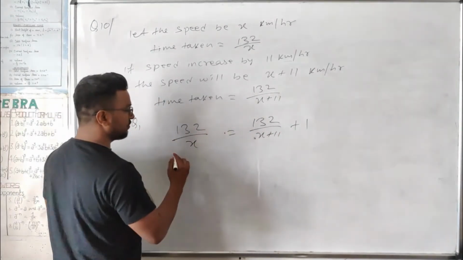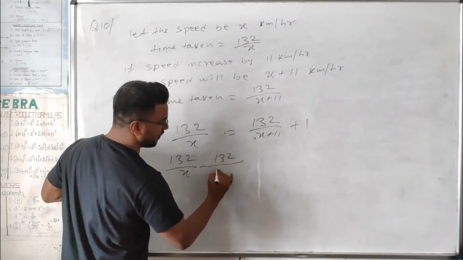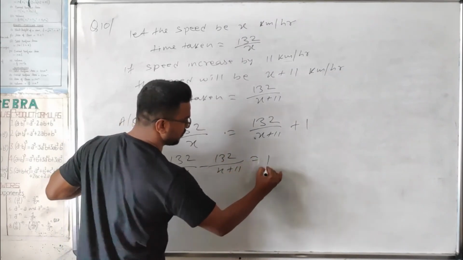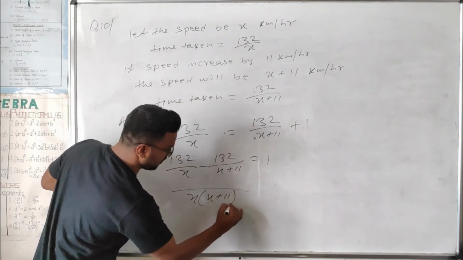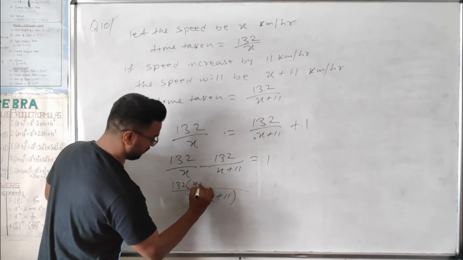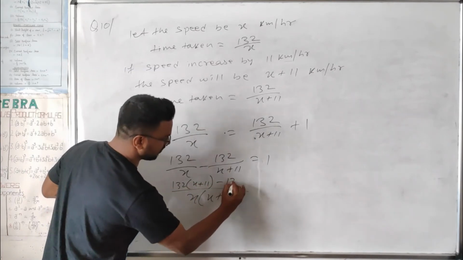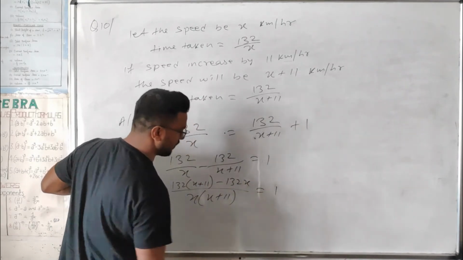Now you try to bring this one to the other side. 132 by x minus 132 by x plus 11 equals 1. So if you take the LCM, this will become x times x plus 11, cross multiply: 132 times x plus 11 minus 132 times x is equal to 1.